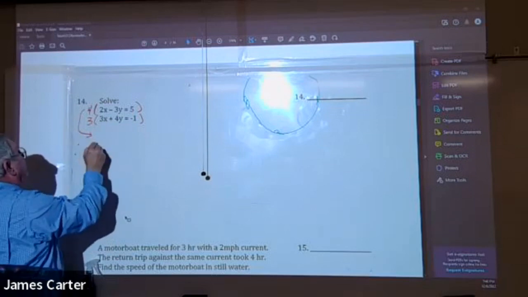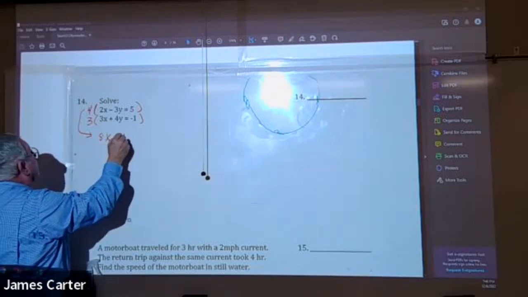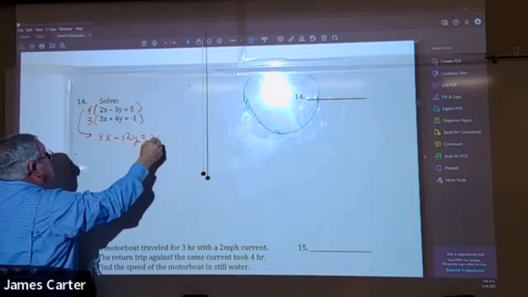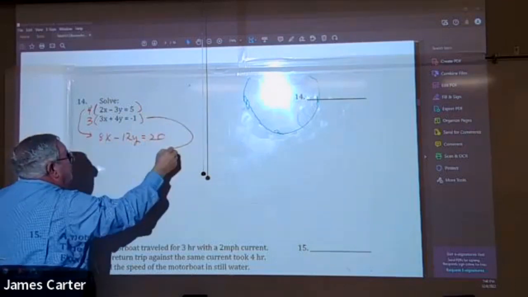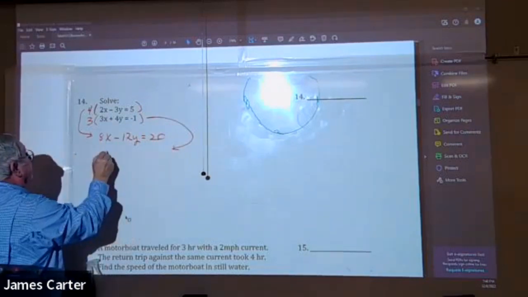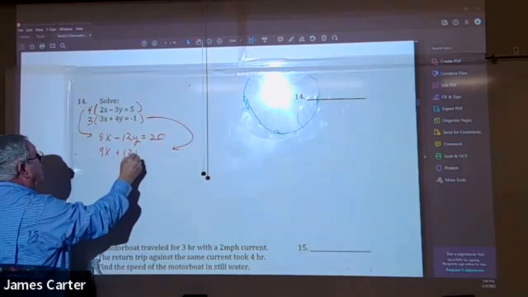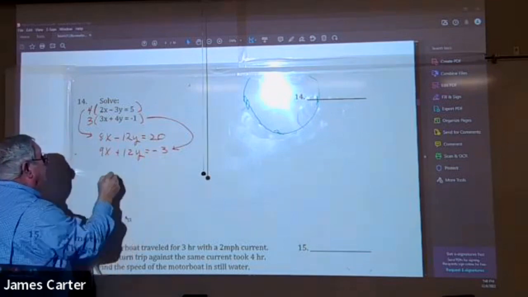When I do that, I get 8x minus 12y equals 20. And this one, I get 9x plus 12y equals negative 3.